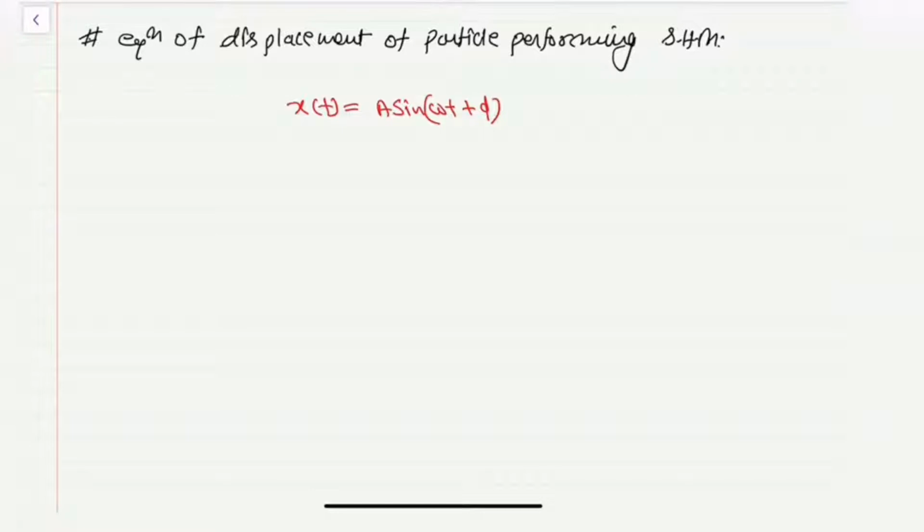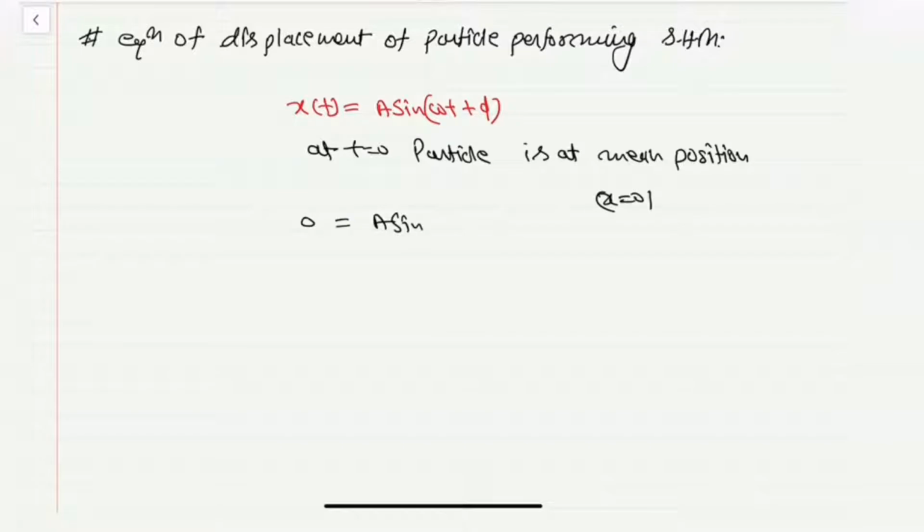For the meantime, suppose at t is equal to 0, the particle is at the mean position, and the mean position is x is equal to 0. So if you take A sine of omega t plus phi, since t is equal to 0, this is sine phi, and it becomes 0, which implies that the initial phase phi is equal to 0.